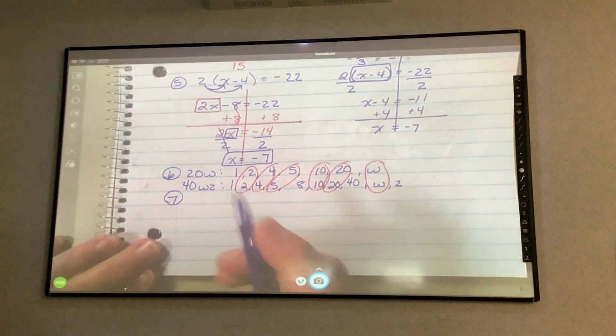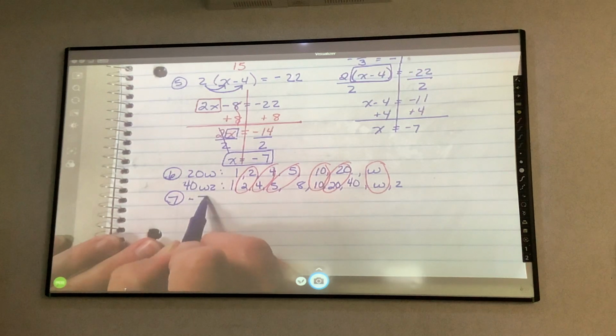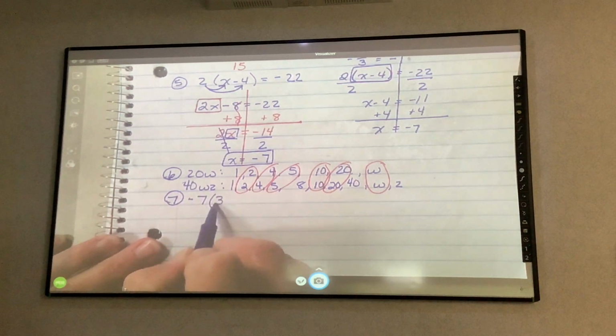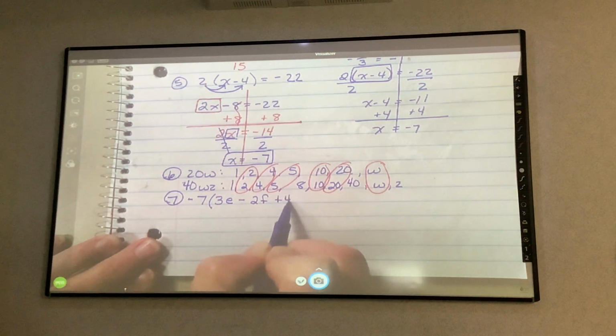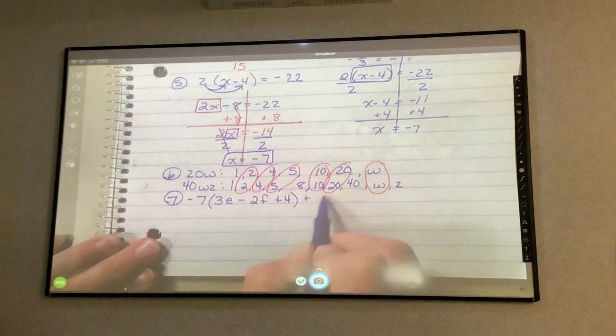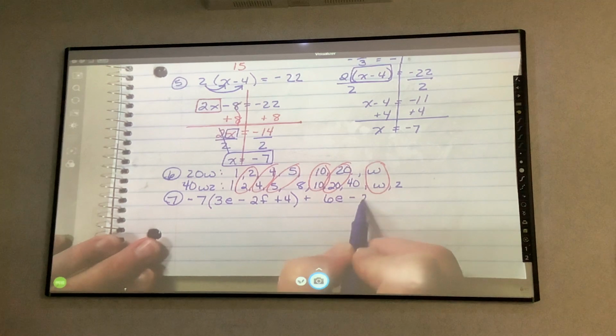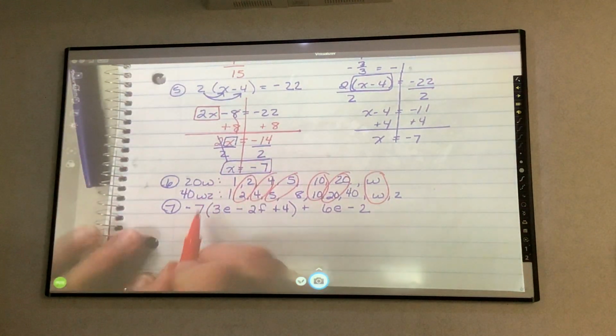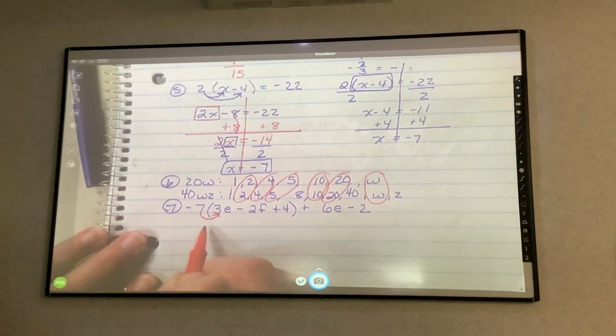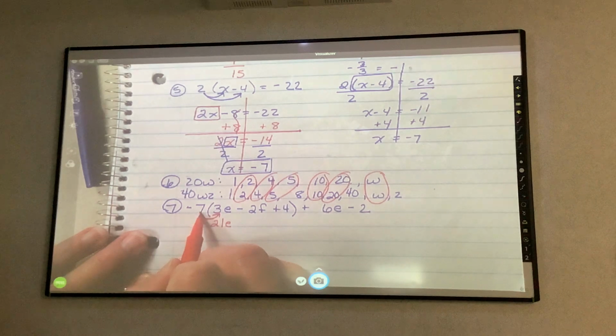It says to simplify, so I got a negative 7 times the quantity, 3E minus 2F plus 4, plus 6E minus 2. What property do I do first? Distributive, right? So I've got a negative 21E. What do I have next?